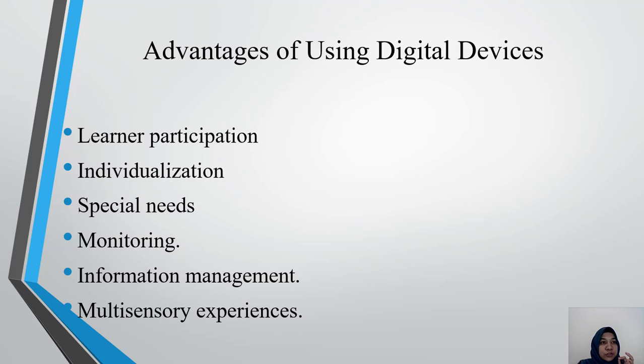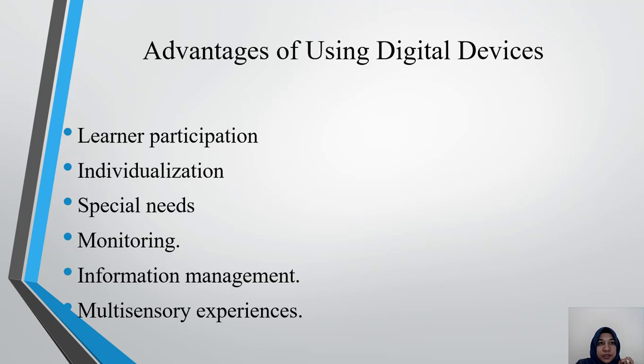And then monitoring. The record keeping ability of the software, mobile apps, and online services makes instruction more individualized. You can prepare individual lessons for all your students and monitor their progress, like monitoring how much progress our students make.